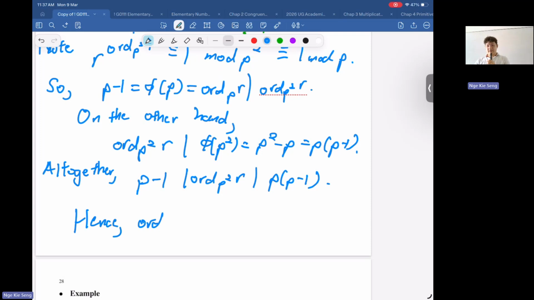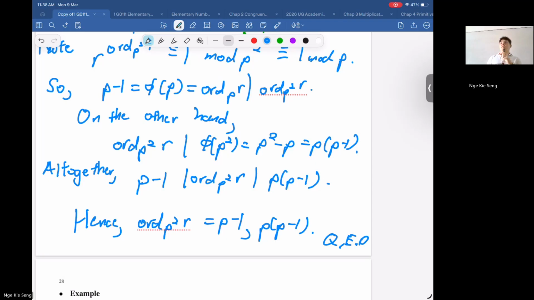Hence, the order of r should be p minus 1 or really just p times p minus 1. That's it, two possibilities. You cannot contain too many. You must at least contain p minus 1, and then what else can you contain? You can contain 1, then you divide p times p minus 1.